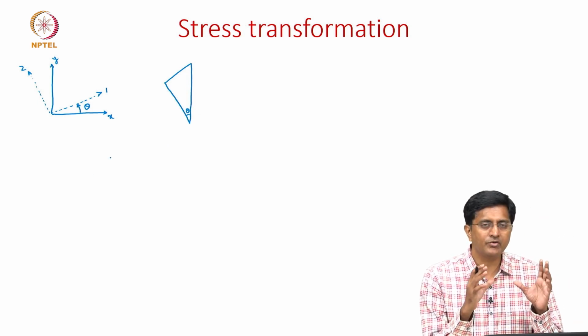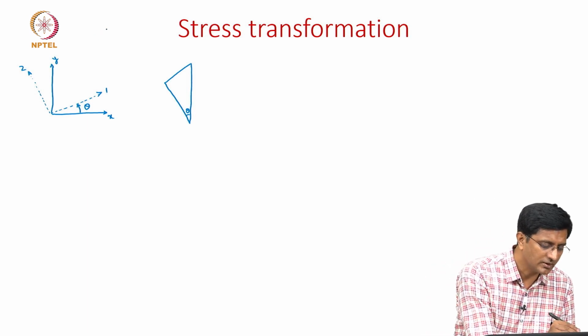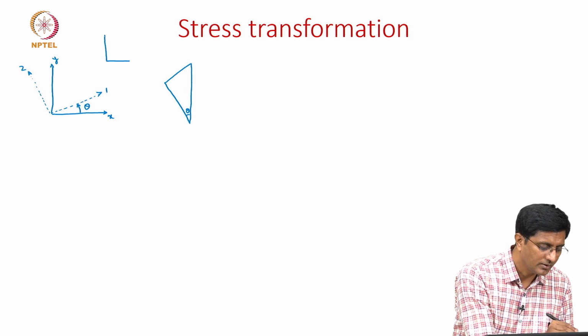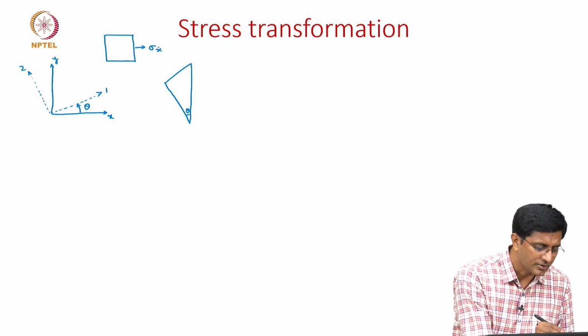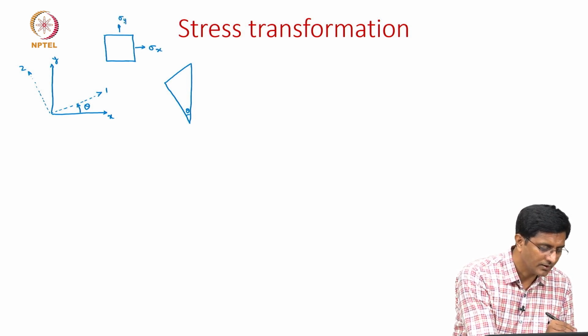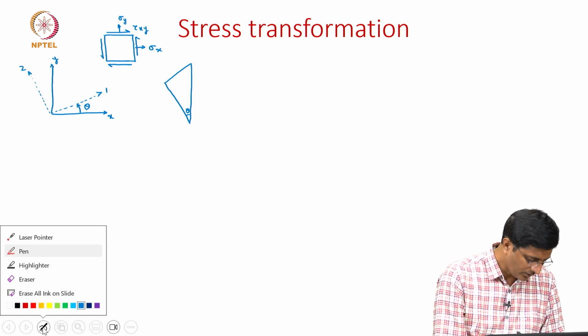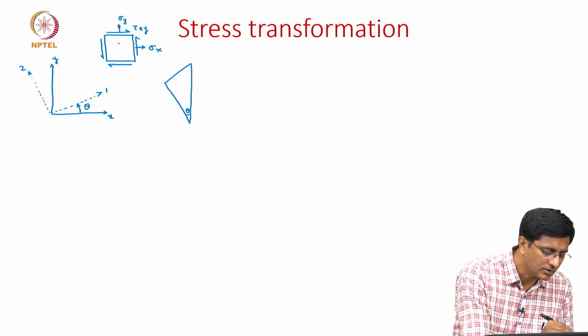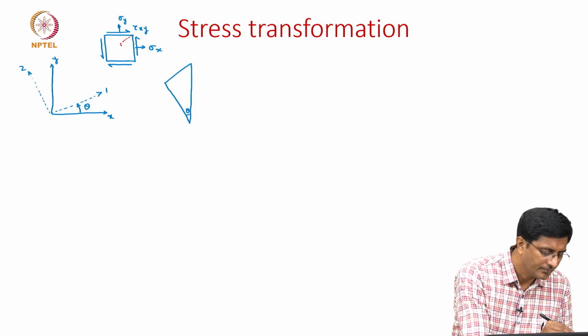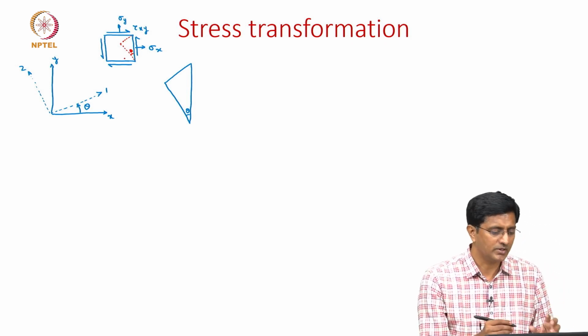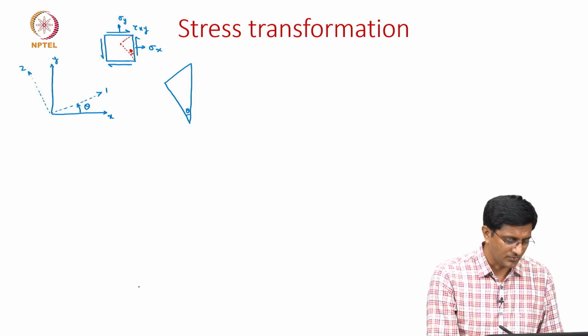This is the wedge we are getting from the infinitesimal element, which is acted upon by body stresses sigma x, sigma y and shear stress tau xy. If we take a part of this infinitesimal element, this angle is theta such that it now aligns with the material coordinates as well.